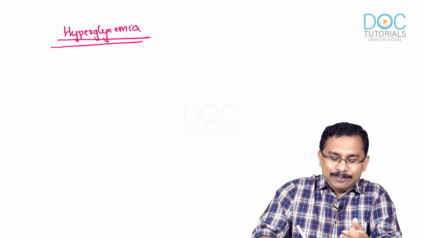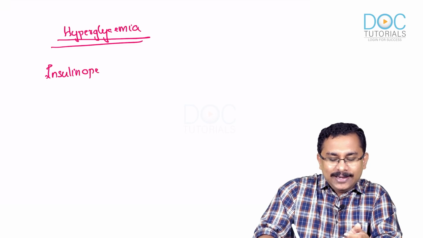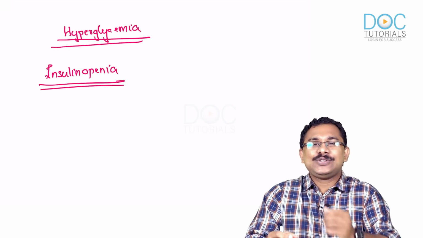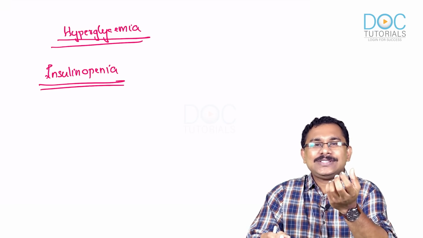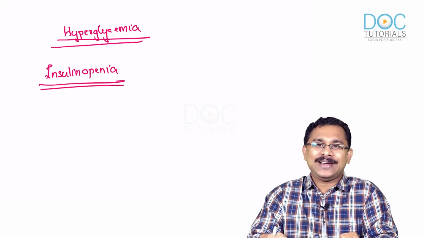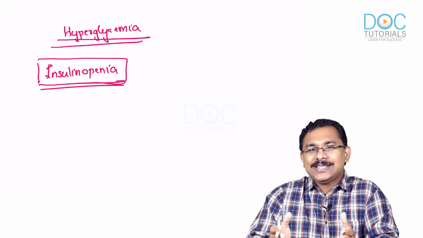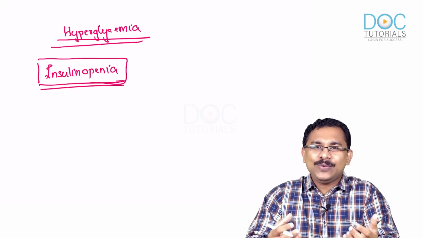It cannot be, because of the insulinopenia, the tissue utilization of glucose is not happening. So in spite of a very high level of blood glucose, the body is not able to utilize that glucose. The reason is insulinopenia.